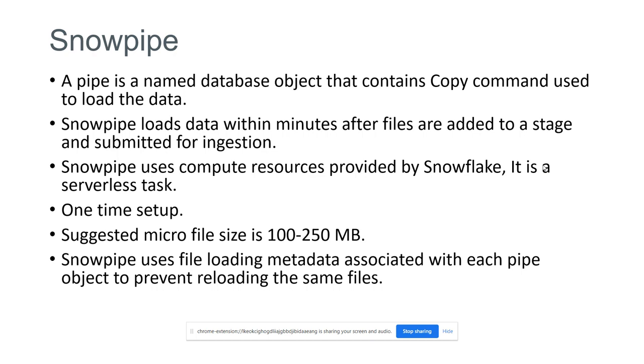So we have to do some one-time setup, some event triggering notifications. That is a one-time setup. We don't need to touch these notification settings every time. Whenever there is a requirement to load one more file into another table, then we have to do one more setup.